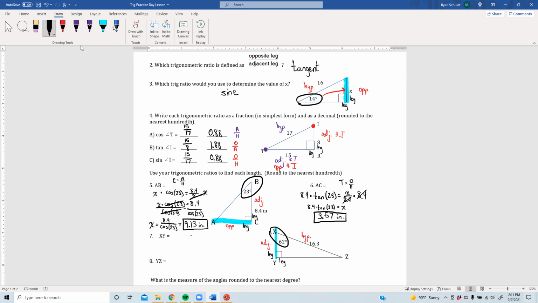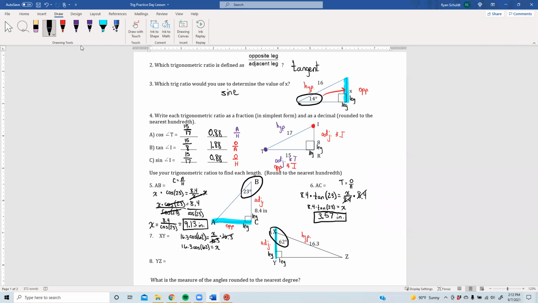So which one uses adjacent and hypotenuse? Cosine. So I'll do the cosine of 62 equals the adjacent. I don't know it, so I'm going to call it x over 16.3. So multiply both sides by 16.3. Those cancel. 16.3 cosine of 62 equals x.